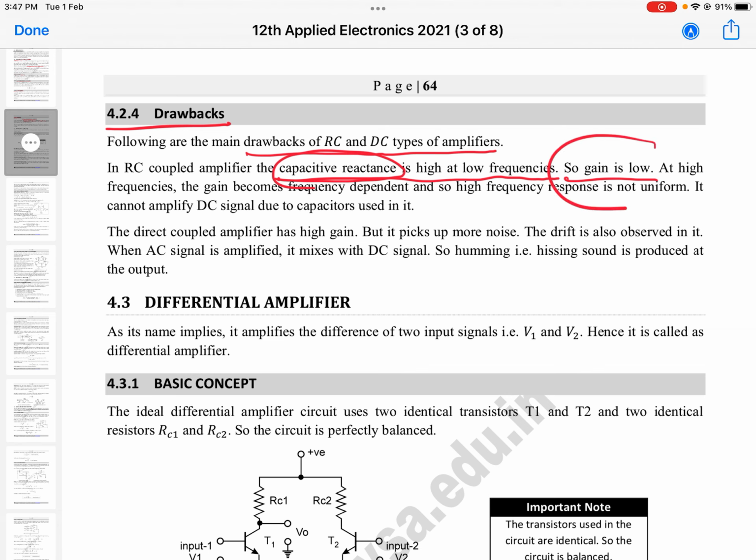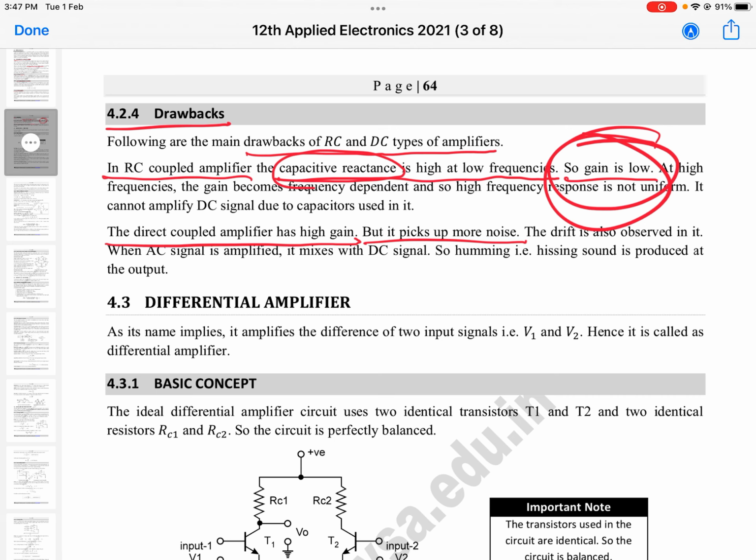So, what do we have to do? We have to use a number of stages to amplify the signal faithfully and produce strong output as well as quality output. So, the RC coupled amplifier gives you low gain, but the quality is better. The direct coupled amplifier has high gain, but it picks up noise. Noise means any unwanted quantity which we do not want at all at the output.